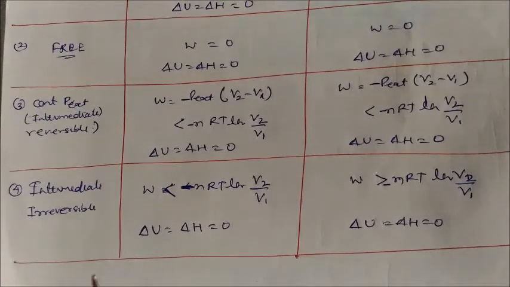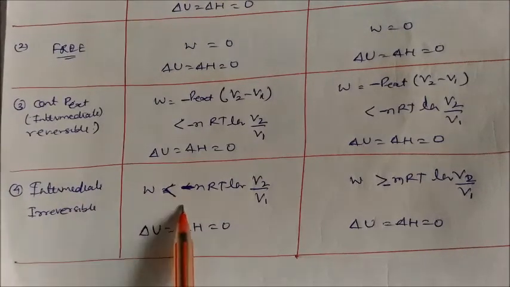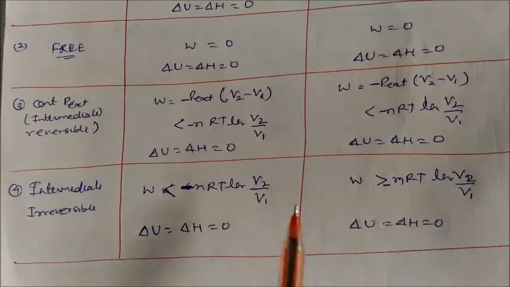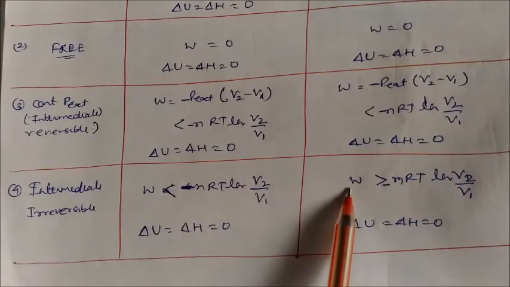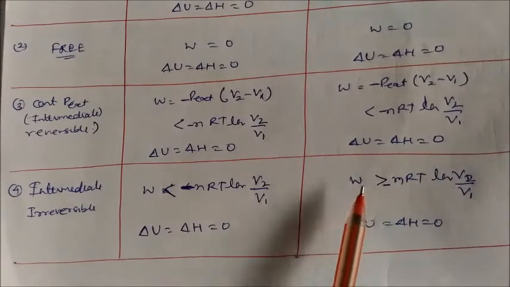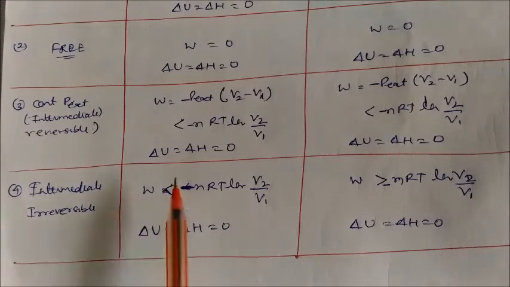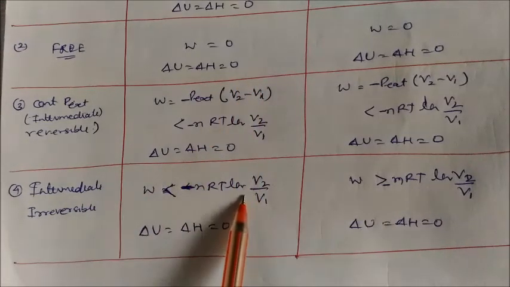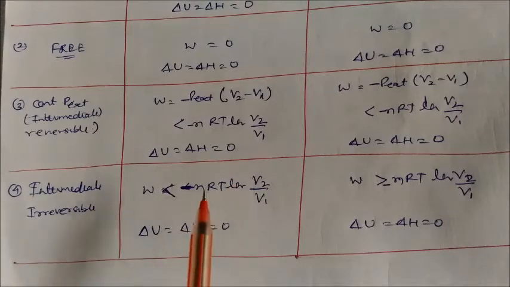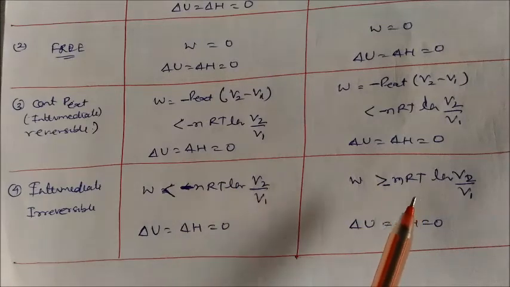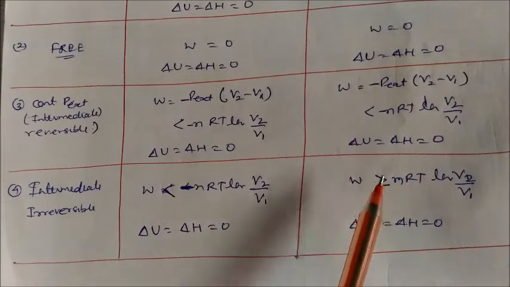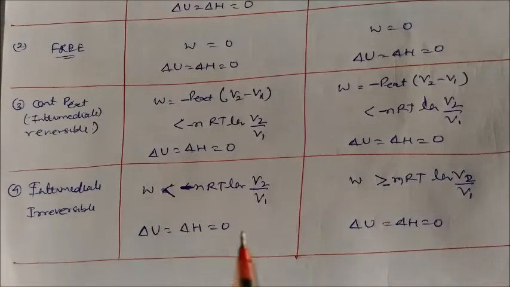In the case of compression, the irreversible work done will be greater, and in expansion the irreversible work done will be lesser. Definitely in these cases, the pressure of the internal gas is lesser than the external pressure, and in this case the pressure of the gas is more than the external pressure. That's why it is greater. So these are the equations, and in both cases, internal energy and enthalpy are 0.